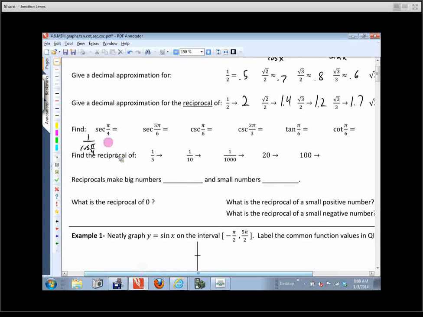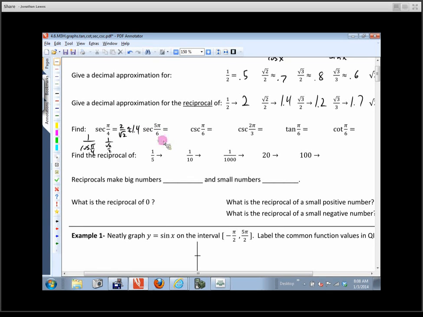So this would be 1 over radical 2 over 2. If I were to flip that over, it's 2 over radical 2, right? It's that reciprocal. So isn't it this value right here? It's about 1.4.